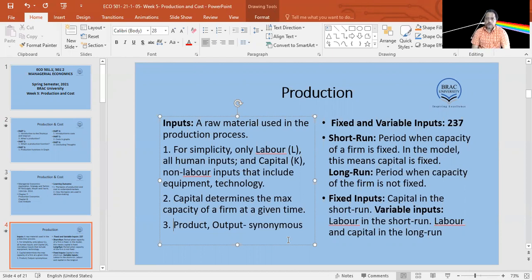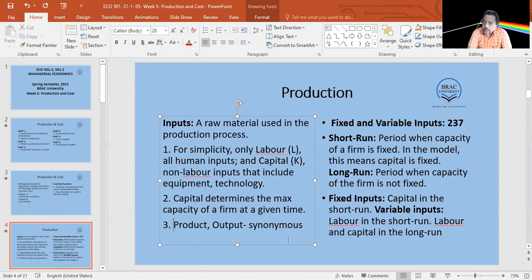The second input is the non-human components of the production process, which we will be defining as capital. So we're just doing this for simplicity. Some people might say we have 4 or 5 types of inputs, no problem. But just to keep the models simple, we use only 2 inputs.